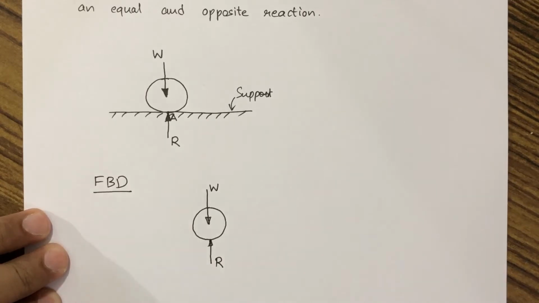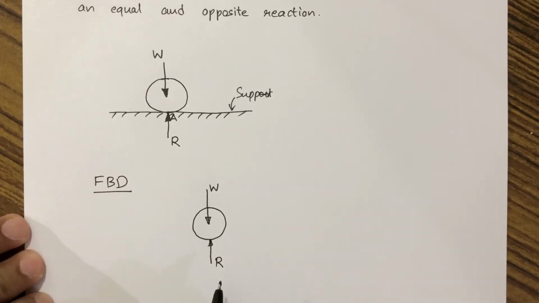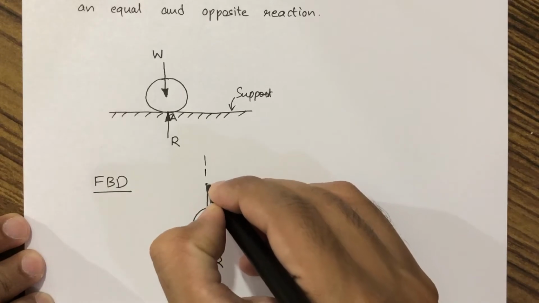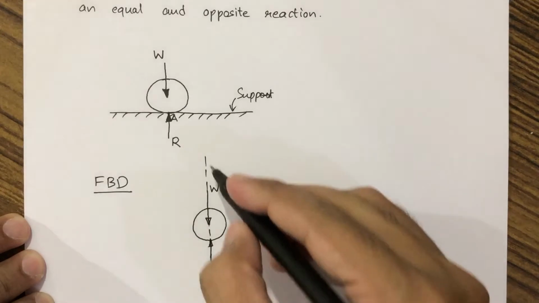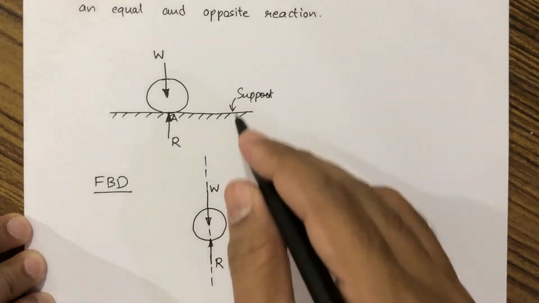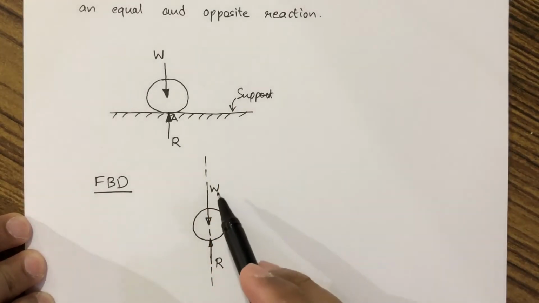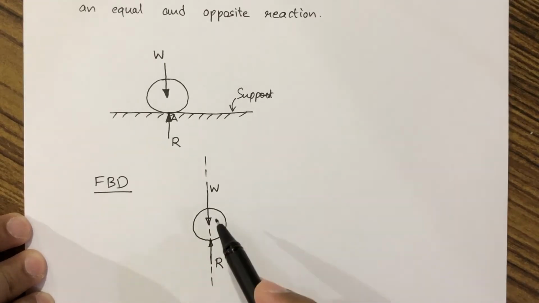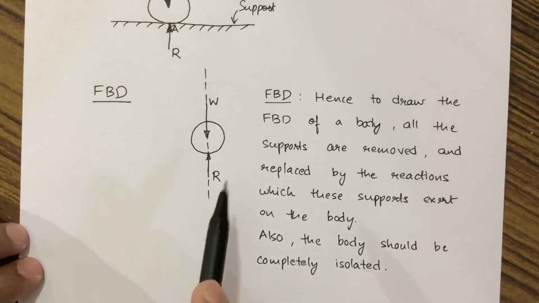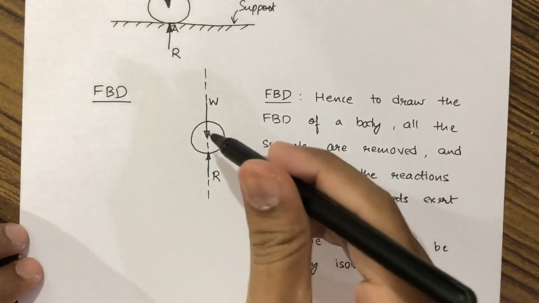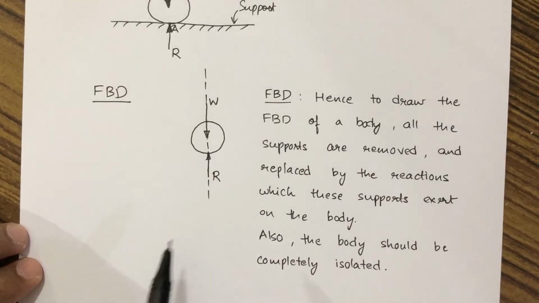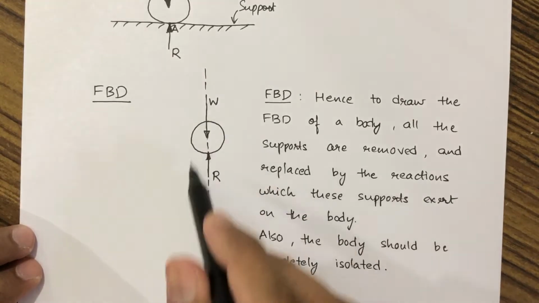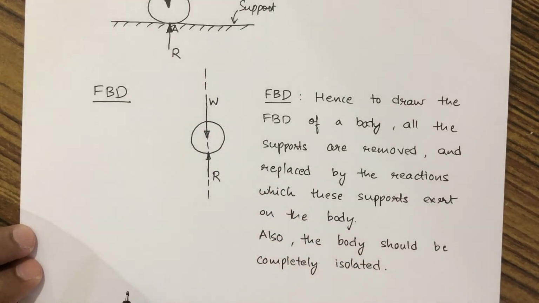This is the FBD of the ball, and the line of action of the weight W and this normal reaction R will be the same. The only thing is that weight will act downwards and reaction will act upwards. So FBD is the one in which the ball is completely isolated from its support and in which all the forces and reactions are acting on the ball.